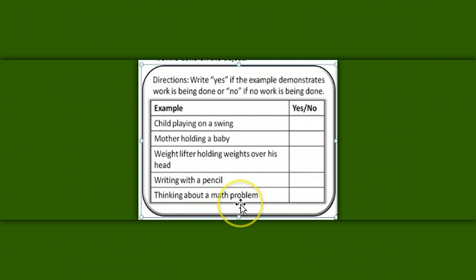Thinking about a math problem might feel like work, but in the scientific world it is not. It is not considered work when you just think about a math problem. It might make you mentally exhausted, but physical exhaustion is not something that you feel because it really wasn't scientific work. So your answer to the last example is no.